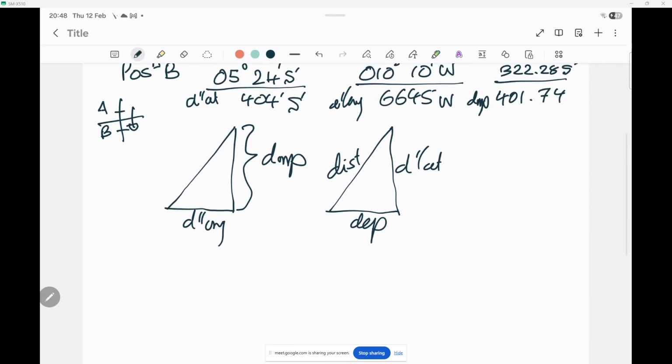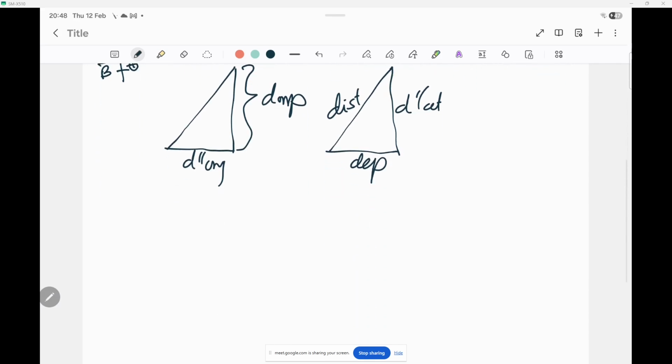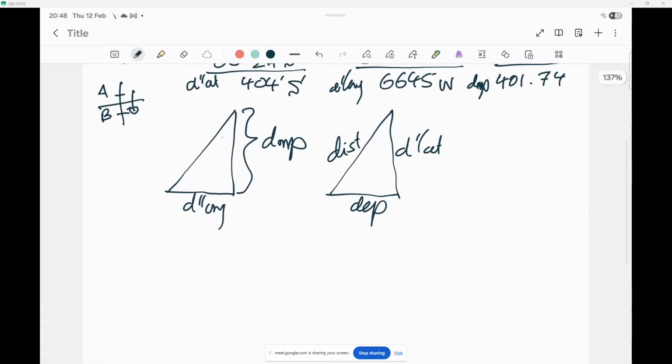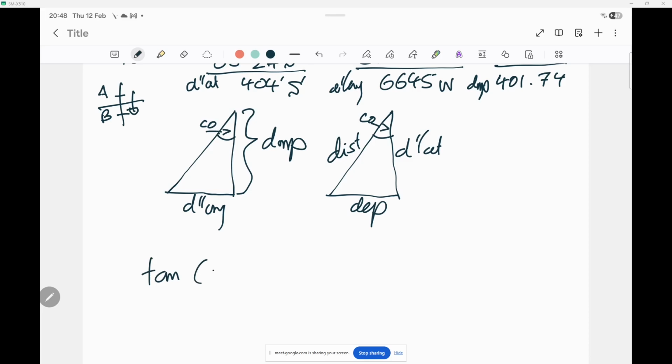Okay, and let's move on to this, this is course. Here you can see tan course is equals to d long divided by DMP.